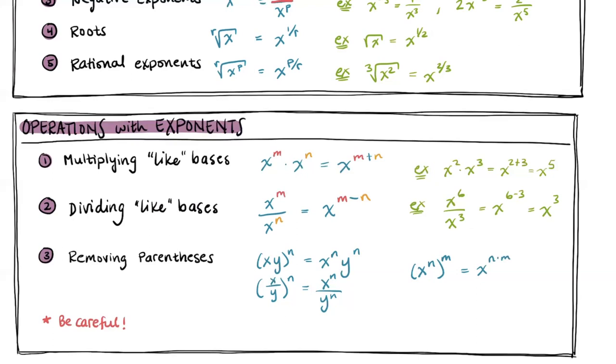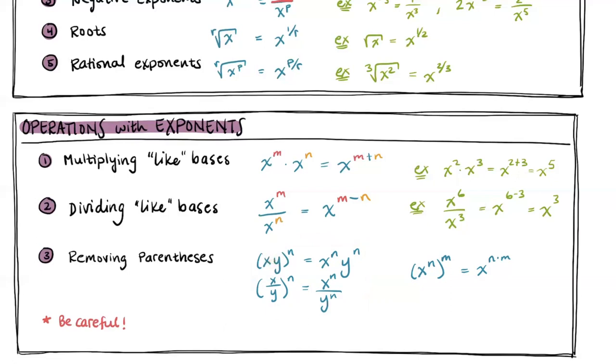All right, something that I want to draw your attention to is some common errors that a lot of students make. If you notice these two operations here, where you have a product to a power and a quotient to a power, these two things do not generalize to plus instead of times or minus instead of times.